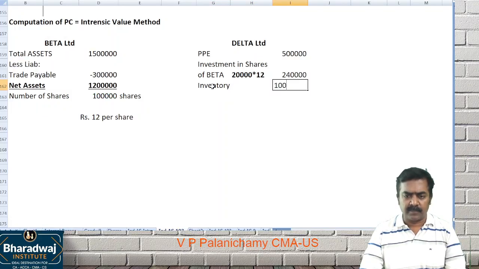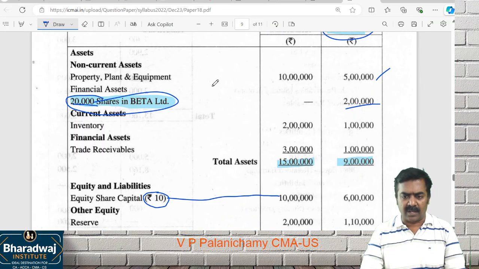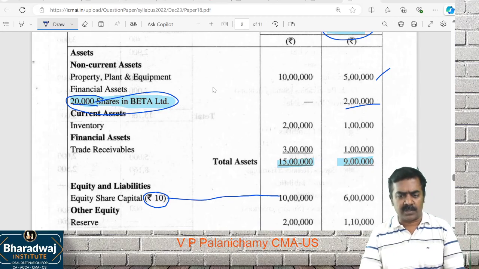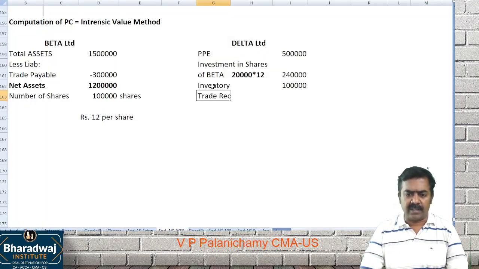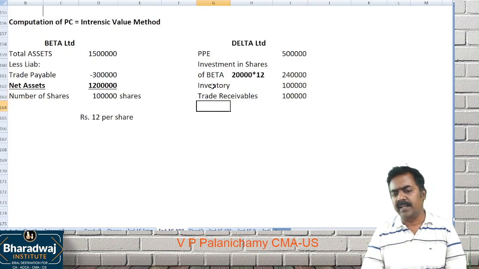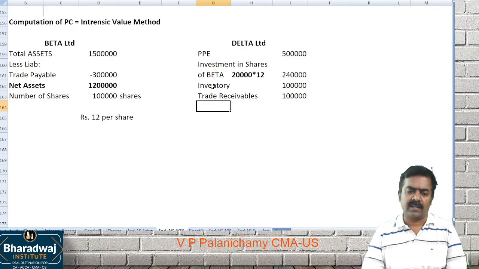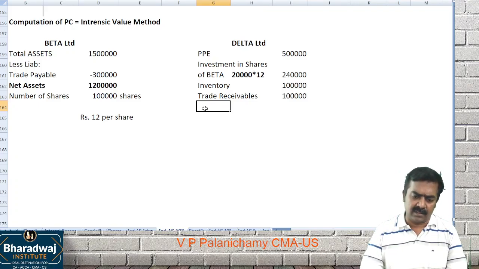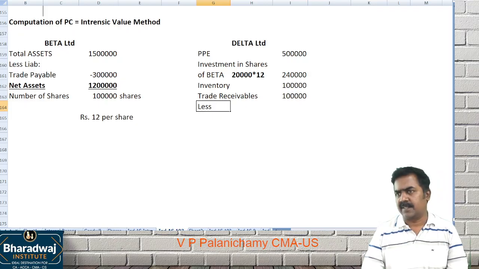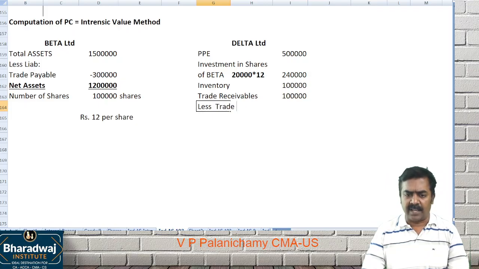Then inventory, how much? 1 lakh. Then what is the next one? Trade receivables, 1 lakh. Then less liabilities like trade payables.